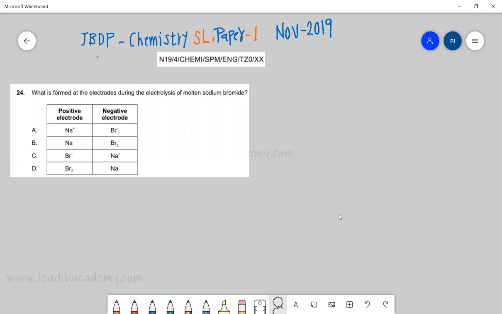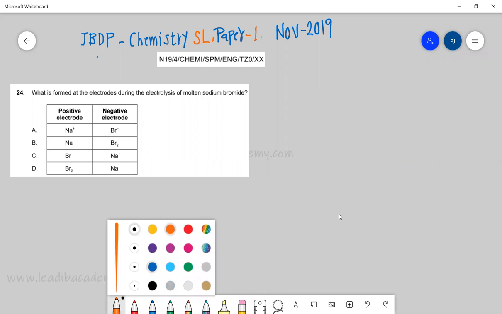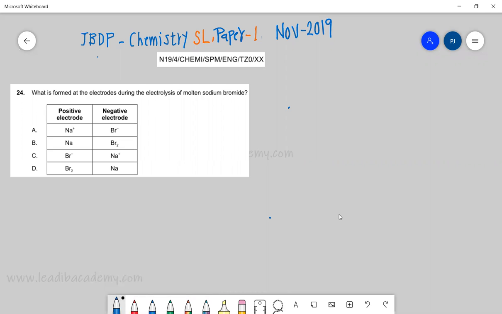Okay. Let's look into question number 24. What is formed at the electrode during electrolysis of molten sodium bromide? Molten sodium bromide.